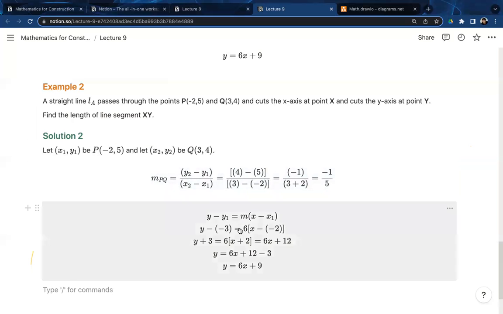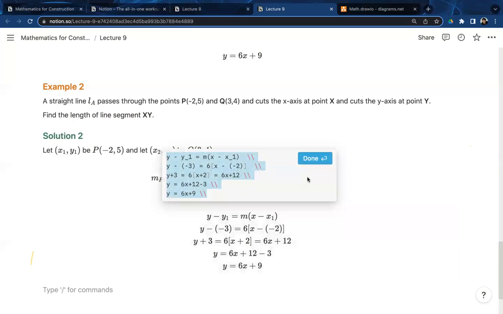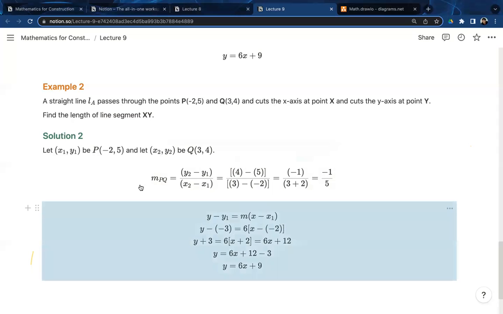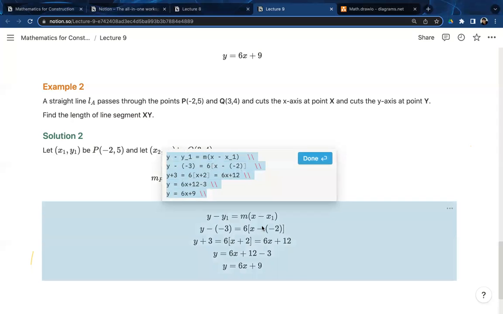Yeah. So now we want to substitute it into the equation formula. I'll use the point, right? Because, well, I mean, I kind of say x1, y1, and I don't say this is x1, y1. So let me just use that, right?